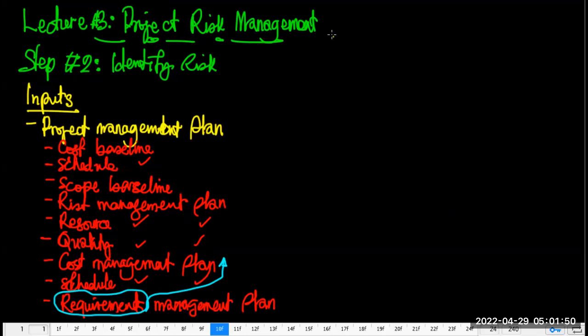Then, as part of the input, you also need the project document. If I may ask, what project document did we need during the plan risk management? We mentioned only one.